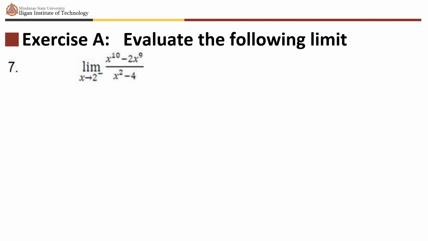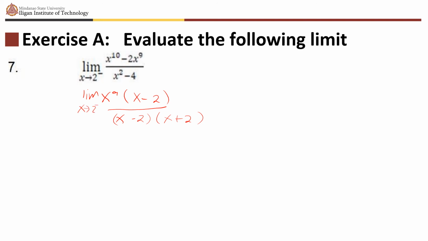Again, this can be easily factored, so we can simply rewrite this as the limit of, and factor out x to the 9th, x to the 9th times x minus 2 all over, x squared minus 4 can be factored as x minus 2 times x plus 2, as x approaches 2 from the left.